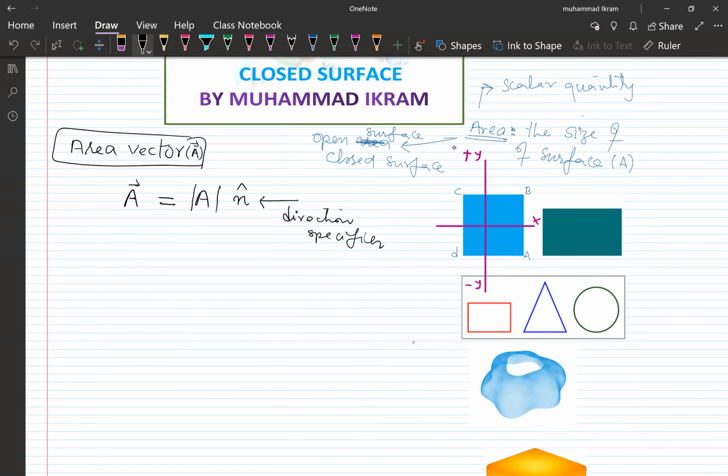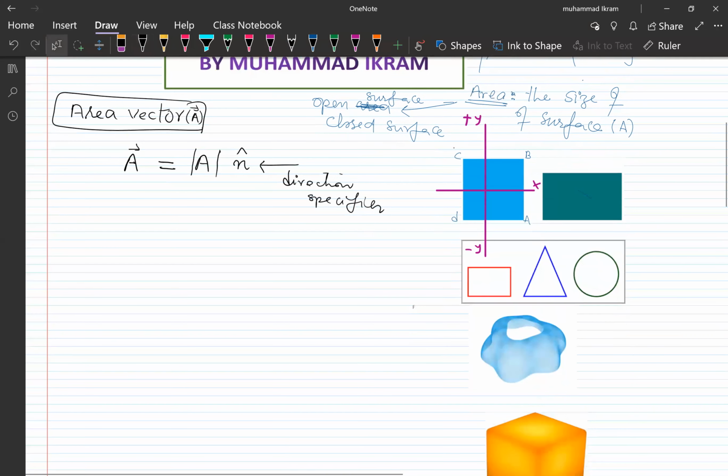And since the area is the magnitude, this turns it into the area vector. Now let us see how. The question is, how can we give directions to a particular surface area? We do this by using the right hand rule.